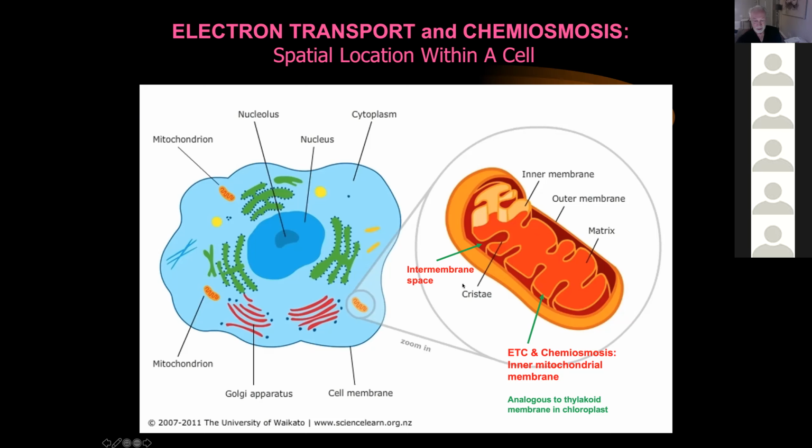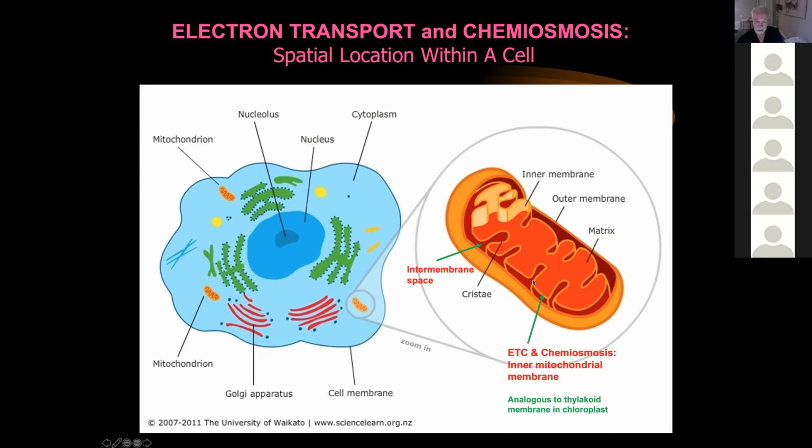And there are two critical spaces here, this intermembrane space between the cristae and the outer membrane, and the matrix. So the intermembrane space and the matrix are crucial because as oxidative phosphorylation occurs and electrons are transported within the membrane, the protons are accumulated in the matrix. And when they are transported across into the intermembrane space, that's when ATP is synthesized.